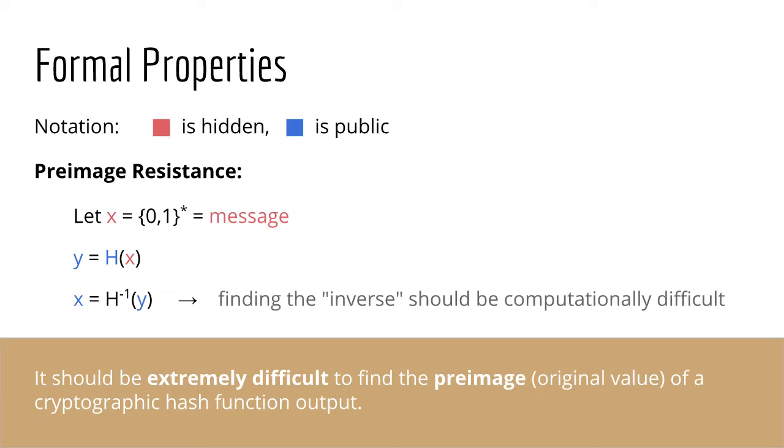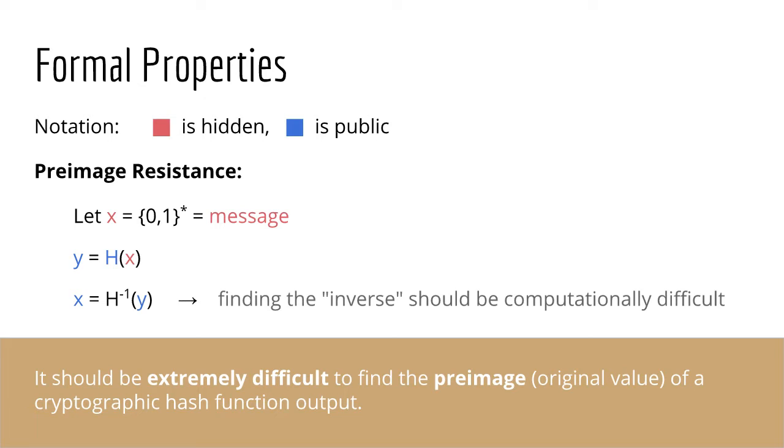If we go now into some more formal properties, the first one we're going to talk about is preimage resistance. This is alluding to the one-way property. Essentially, in intuitive terms, it should be extremely difficult to go from an output of a hash function to the preimage, or the input.